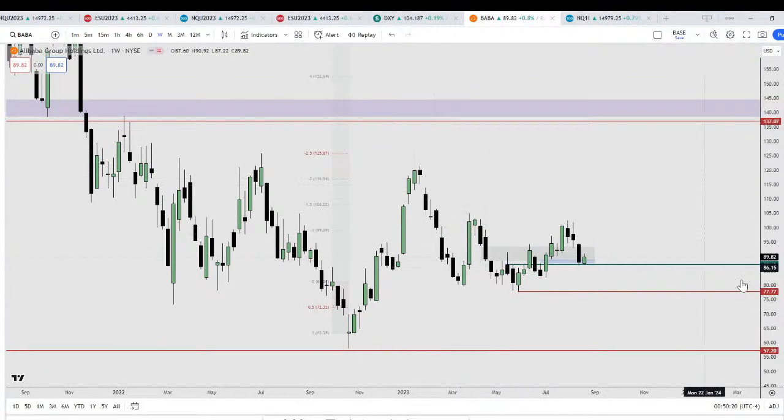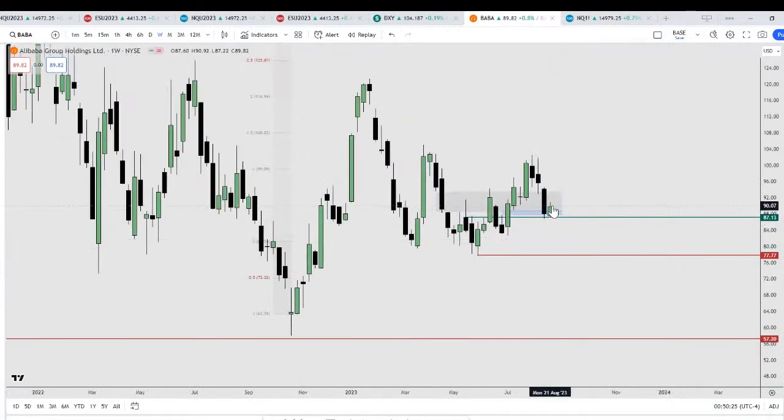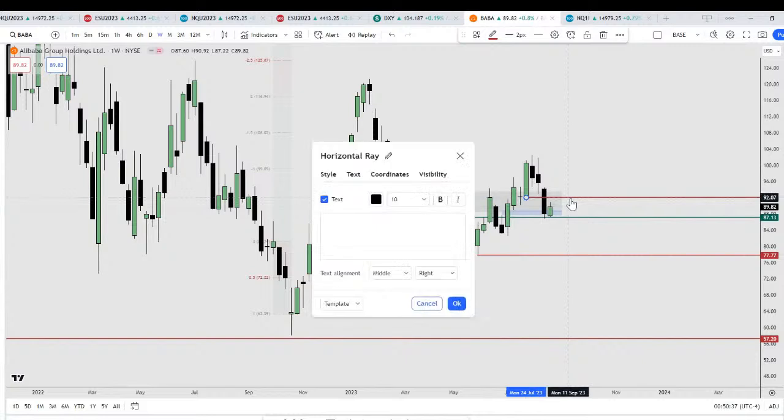So right now, what I want to see is price respecting this bearish order block. I'm going to highlight it, the opening price of this order block here. Weekly bearish order block.